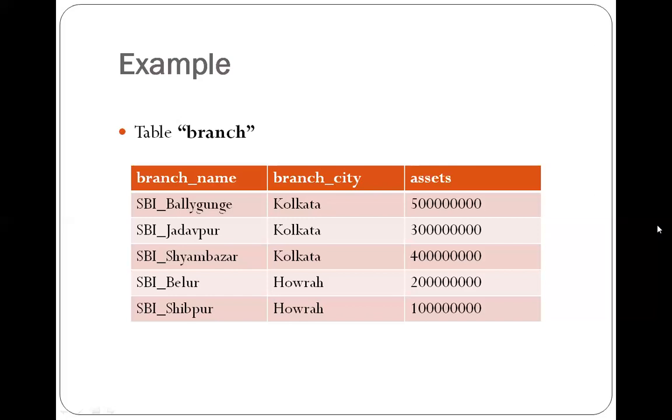These 3 branches are situated in the city Kolkata, and SBI Belur and SBI Shivpur are both situated in the city Howrah, and they have their own asset values.